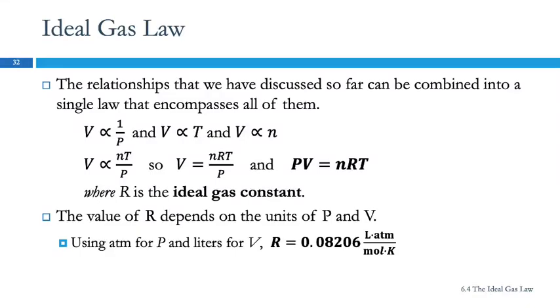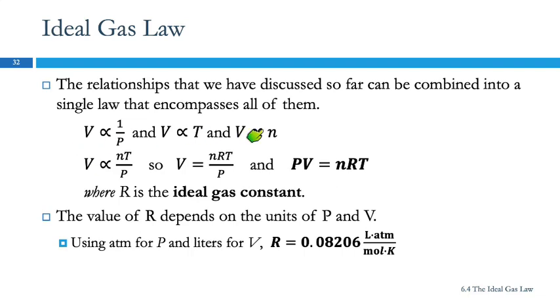In this section, we will talk about the ideal gas law, which is kind of the overall gas law that all the others can be derived from. So we looked at these different relationships between volume and pressure, volume and temperature, volume and moles of gas.